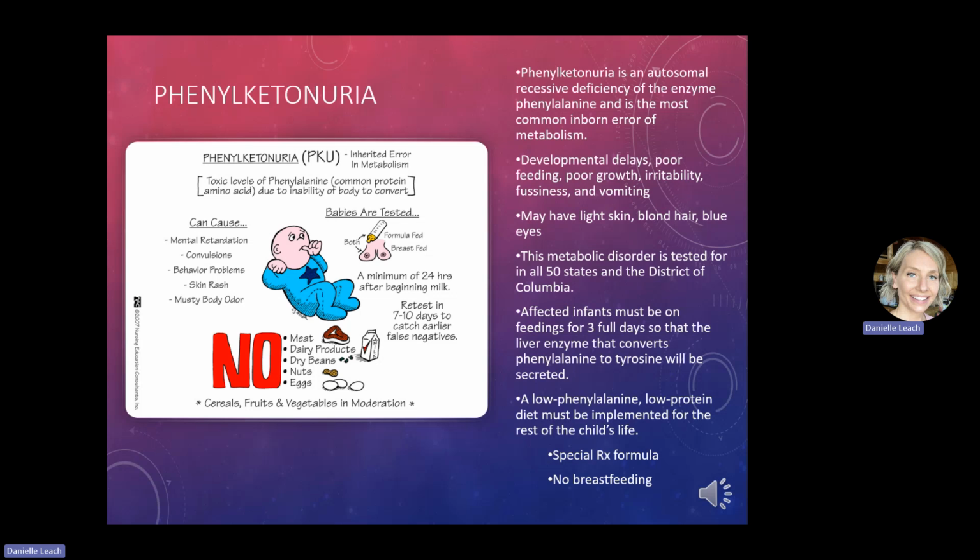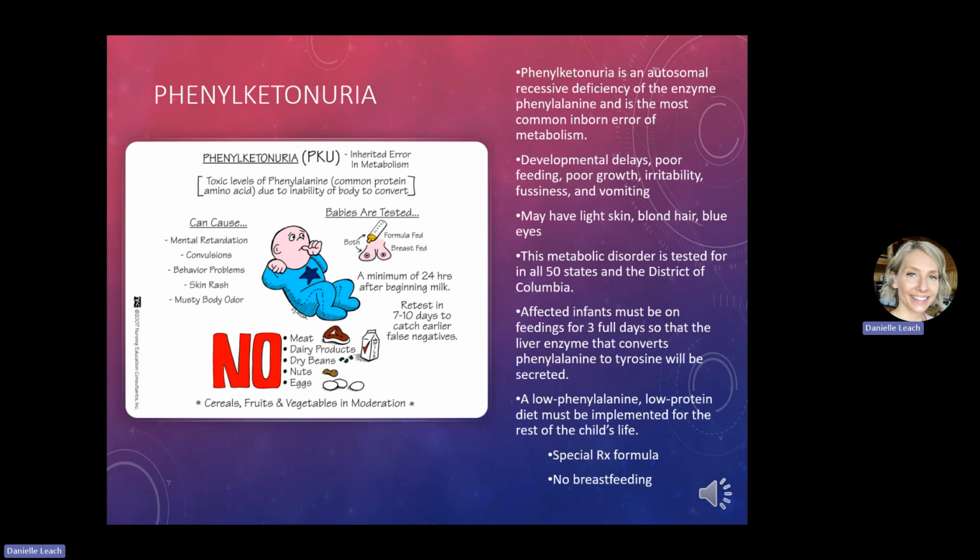If a baby ends up having phenylketonuria, the treatment for it is basically a very, very low protein diet. So low phenylalanine, low protein diet. They must follow this for, unfortunately, the rest of their life. How much protein they can have is going to vary from person to person.